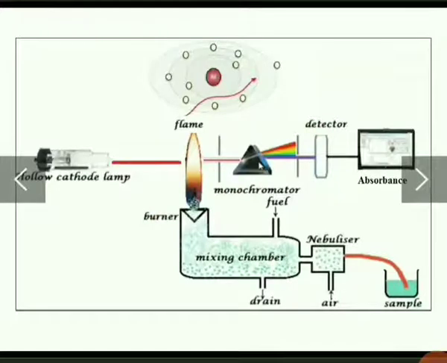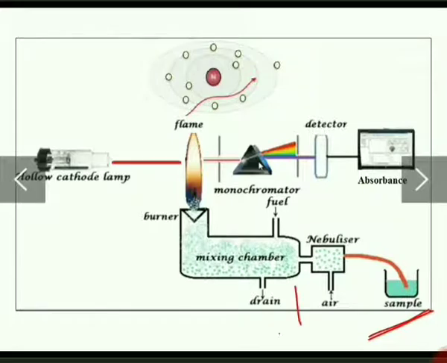In the previous slide, we studied the hollow cathode lamp and the stages in the flame separately. Now this is the whole setup of the instrument. What we have to do is aspirate the sample into the flame, as we know, and it will be converted into a mist, and it is mixed with the fuel.